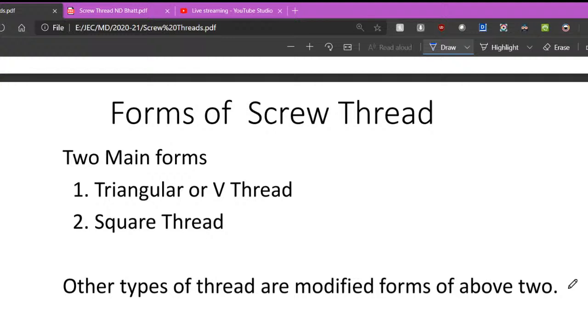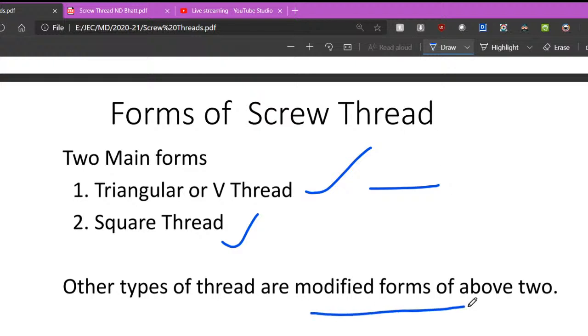Then forms of screw threads. There are two main forms, one is triangular or V thread and the other one is square. The rest of the threads are combinations of one or both. Either we get some modification in the triangular or V thread, or some modification in the square thread, or a combination of 1 and 2.